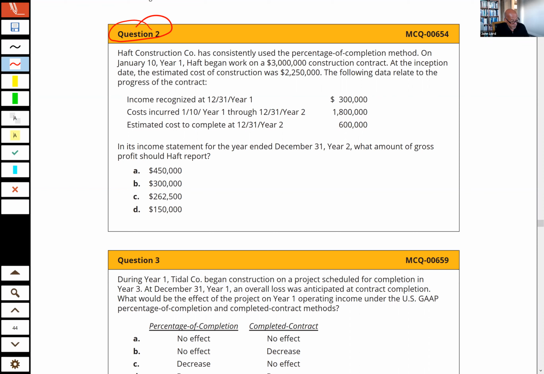You will get very good at these. So when you are enjoying a little relaxation time with your friends and family, you'll be telling them about how to account for construction contracts. That's what I used to do back when I had friends.